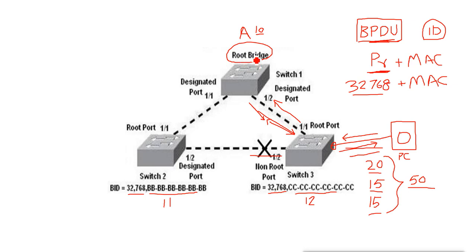After selecting the root bridge, all the other switches become non-root bridges, which means they will work as normal switches. And now, they have to find a way to reach the root bridge, that means the shortest path to reach the root bridge.